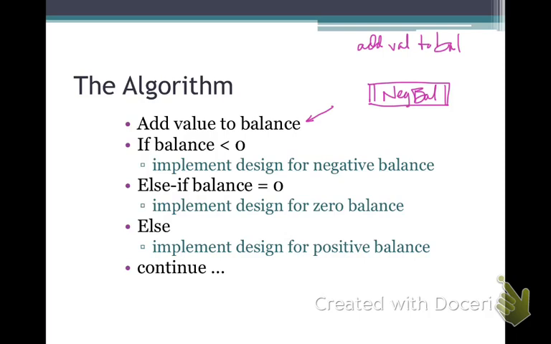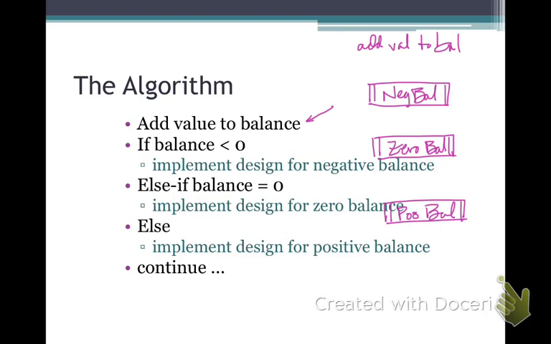There's a possibility I may execute the design for a positive or a zero balance. And there's also the possibility that I may execute the design for positive balance. Now, I am not going to execute all three of these.